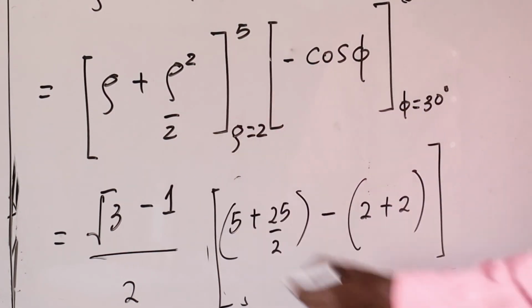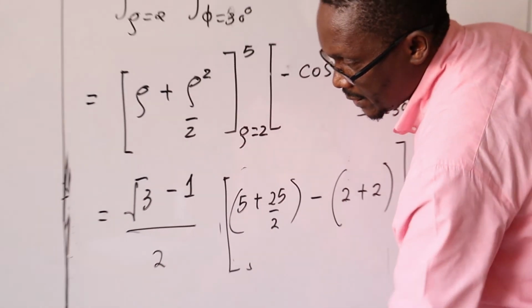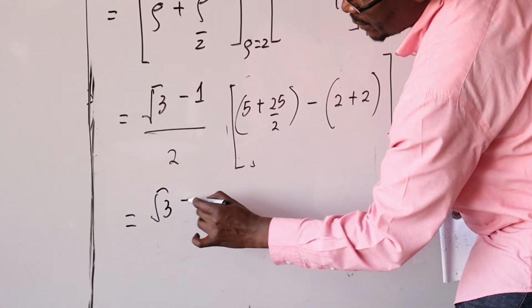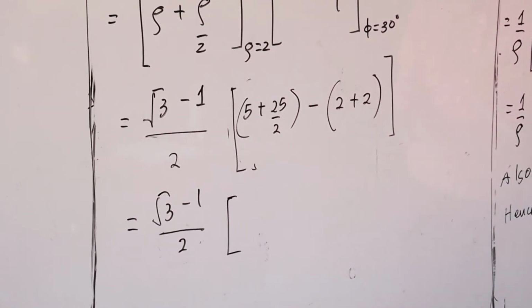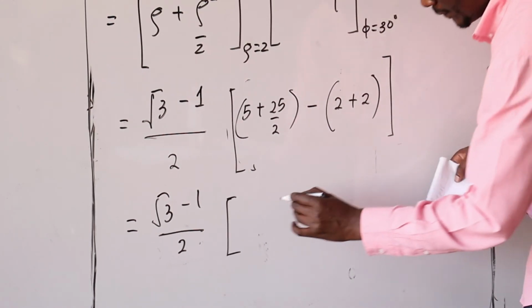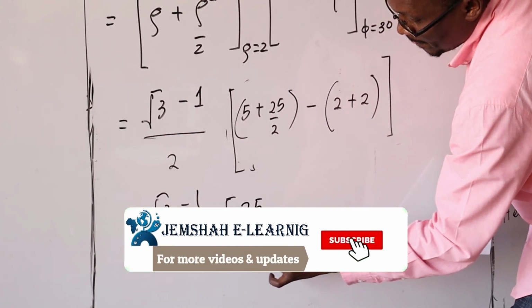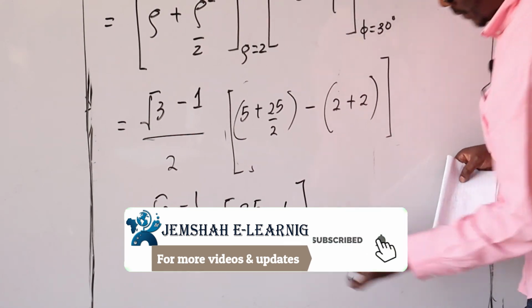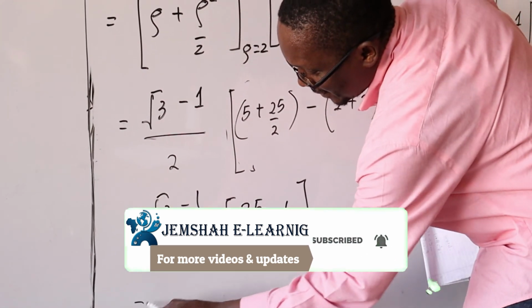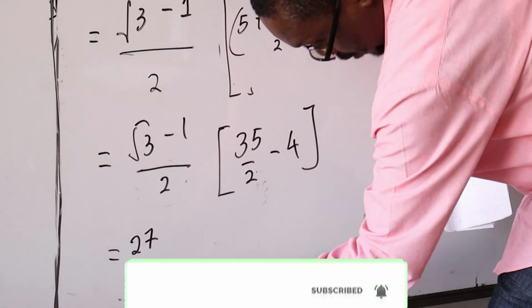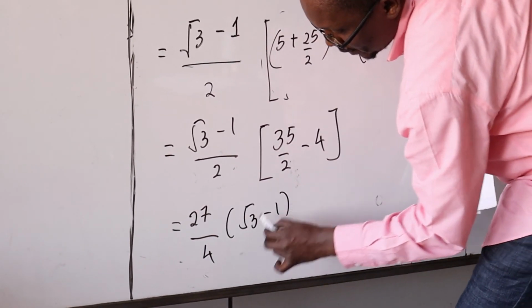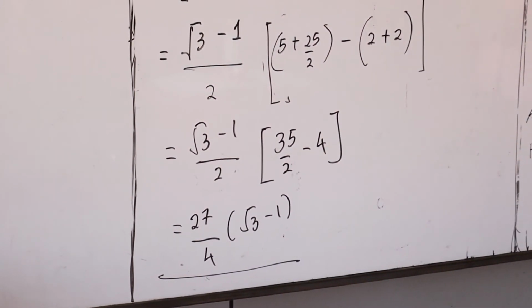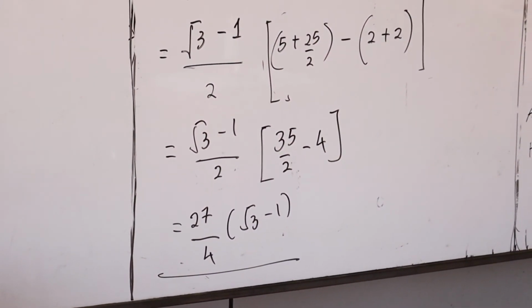Actually, it is 4 over 2. So this will translate into the root of 3 minus 1 all over 2 into 10 plus 25, that is 35 over 2, minus 4, and that finally translates into 27 all over 4 into the root of 3 minus 1, which is equally the same as the answer that we got in the previous working.